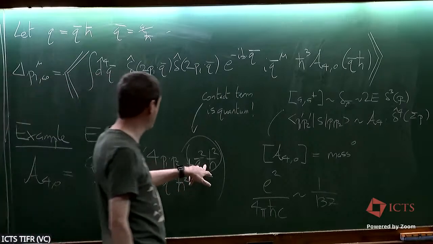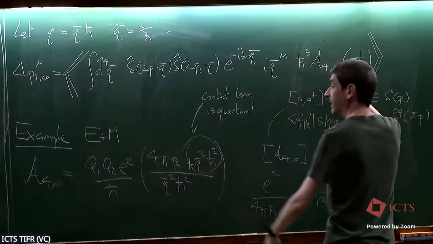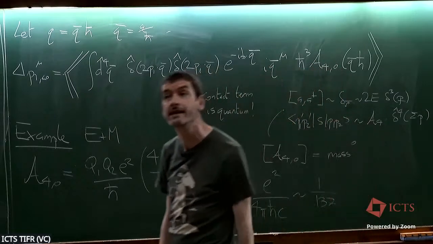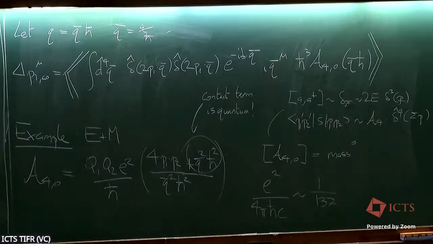If you keep this term when you're doing the integral, you'll find that it contributes a delta function in impact parameter space, a delta 2 of b. But our whole setup presumed that the impact parameter was large compared to other quantities in the calculation. 0 is not large. So the delta function doesn't go off because b is non-zero. So that's another way we don't care about the contact term.